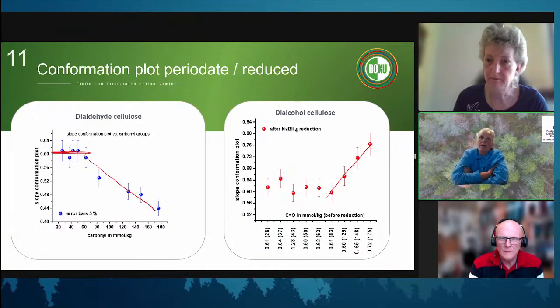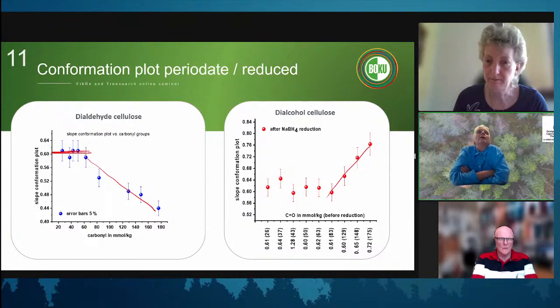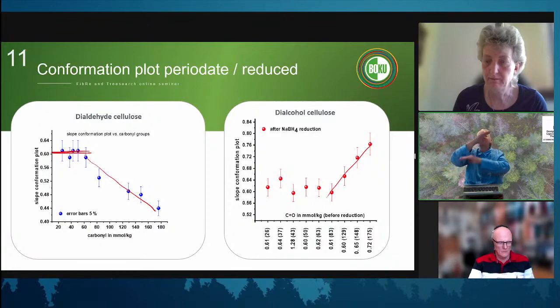So here I see in one of the slides you had the error bars. Here it is on the left-hand side, the error bars are stated at 5%. So I was thinking about when you take this slope, is the slope constant over the whole peak, or do you get different slopes?